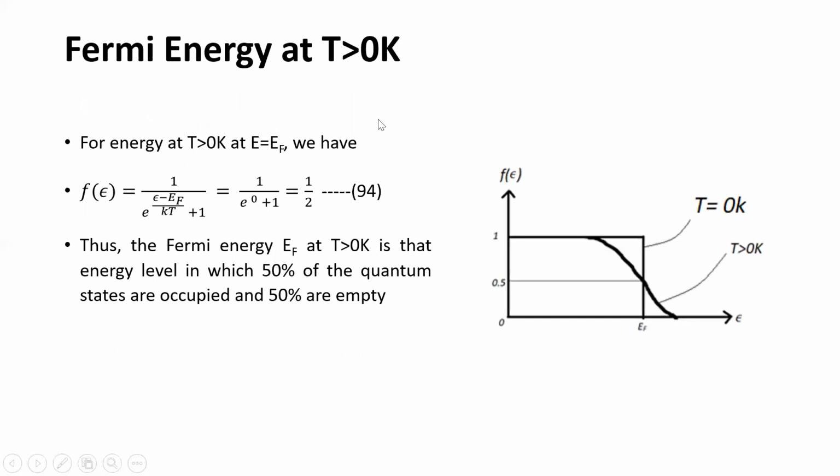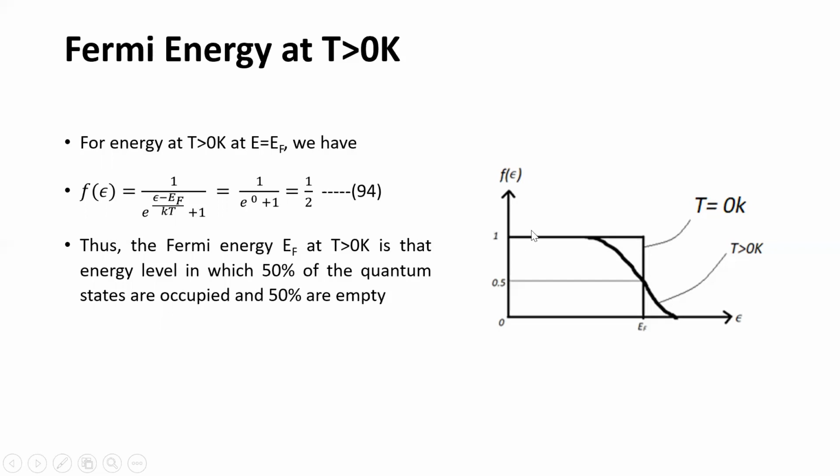Now we understood the definition of Fermi energy. As per the definition of Fermi energy, at absolute zero temperature, when T is equal to 0 Kelvin, the electrons will be filled up from the lowest energy state to upward in such a way that each energy state is occupied with one electron. So at absolute zero temperature, the highest energy state thus filled is called the Fermi energy.